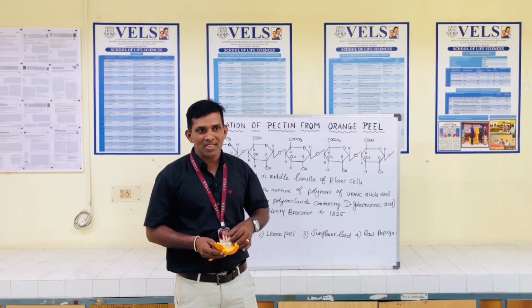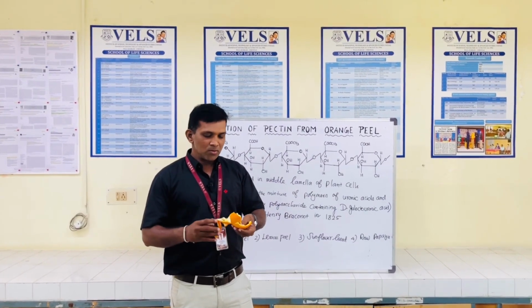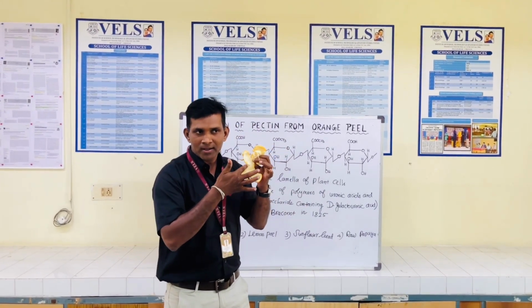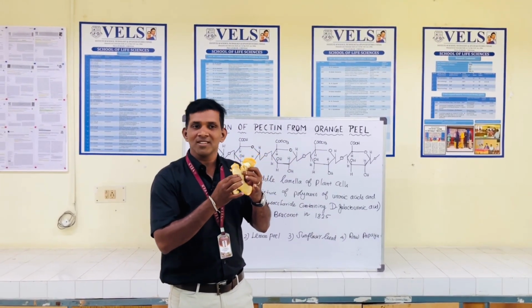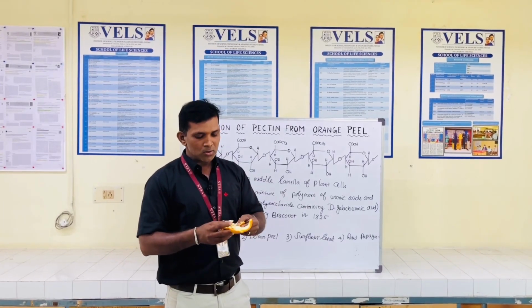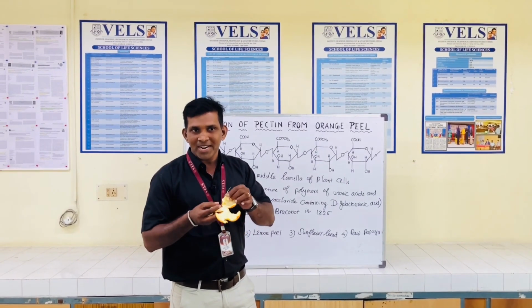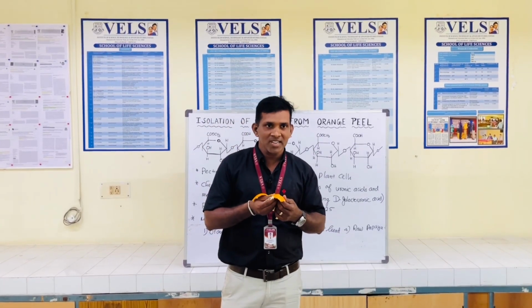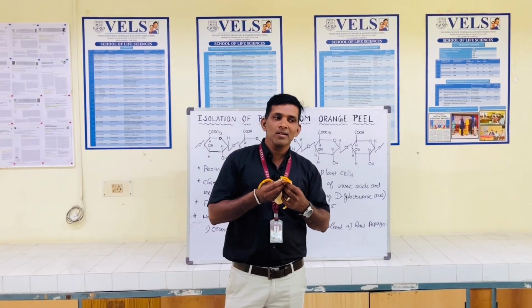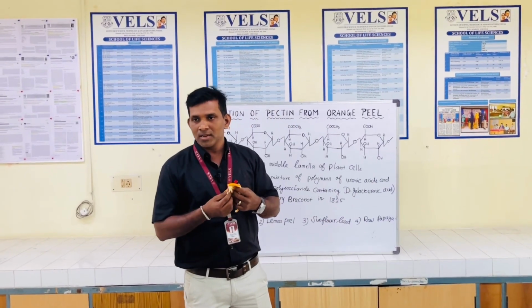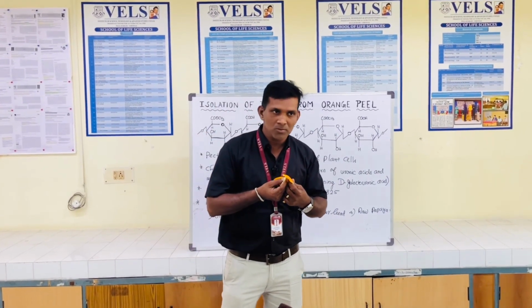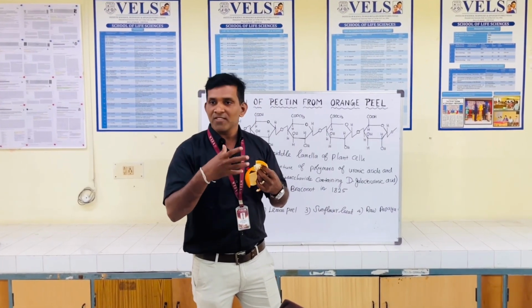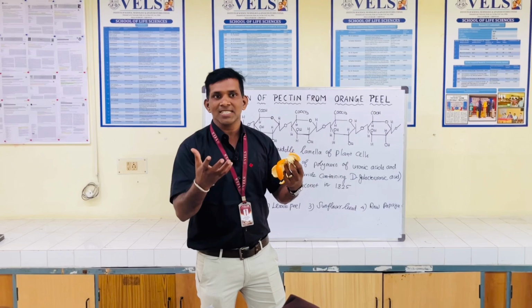How can we extract pectin from orange peel? In an orange peel, we have the white layer, and this white layer is pectin, made up of polysaccharide compounds. It has two important applications in the food industry: it is used as a gelling agent and as an additive, to make food thick or viscous.